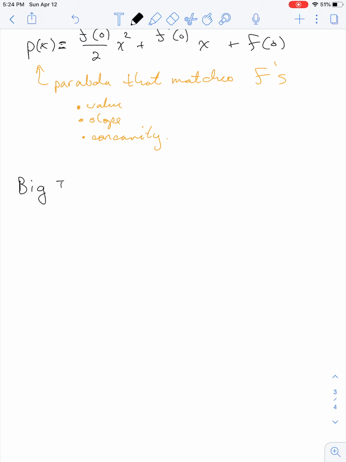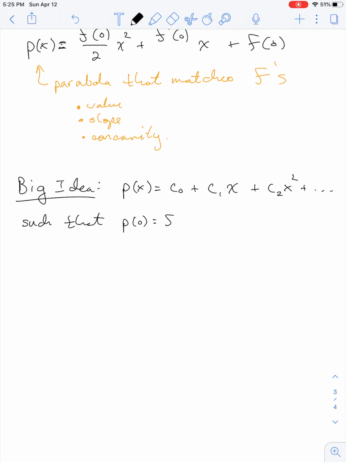So the big idea would be I want to construct an infinitely long polynomial such that p of 0 equals f of 0, p prime of 0 equals f prime of 0, p double prime of 0 equals f double prime of 0, p triple prime of 0 equals f triple prime of 0, and so on ad infinitum.